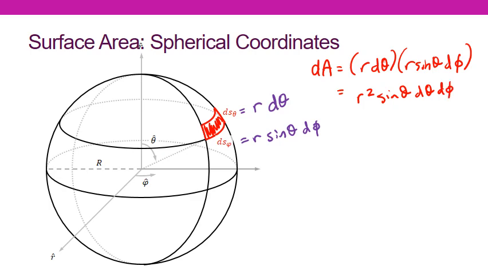Now the other tricky bit is the limits of my integrals, because both theta and phi are on a circle, and so you might be tempted to say, well, I'm going to go theta from 0 to 2 pi, and I'm going to go phi from 0 to 2 pi.